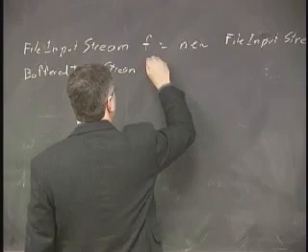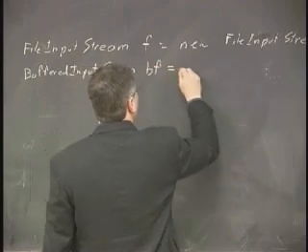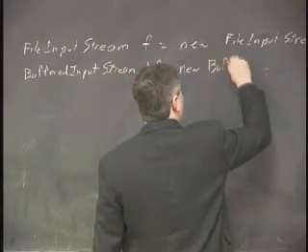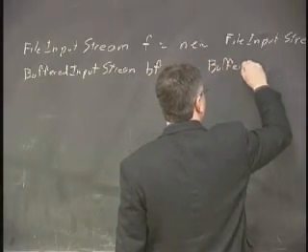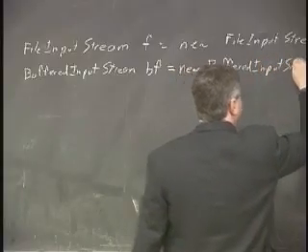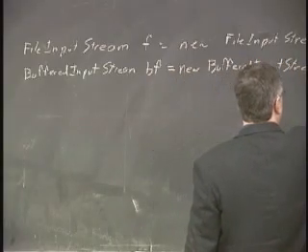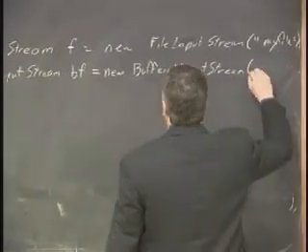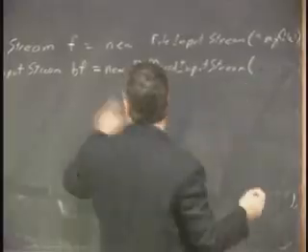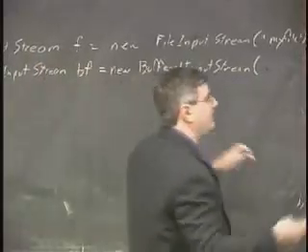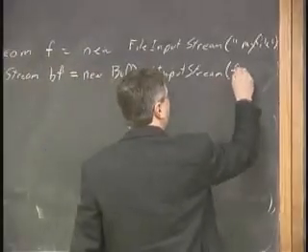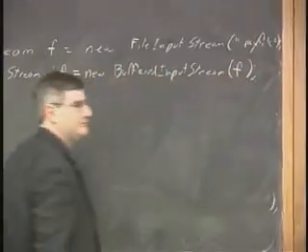Let's see, call it bf equals new buffered input stream. Is this unbelievable or what? The thing that you give this in its constructor is the thing you want to buffer. You've already got this connection to this file stream, you just want to add some buffering on it. So you give it that.